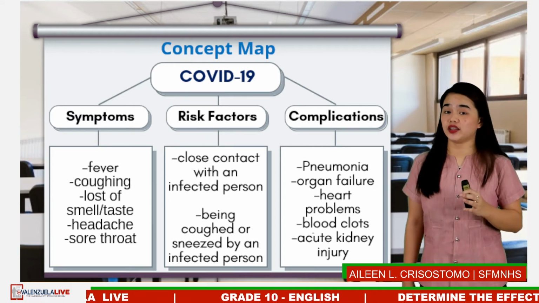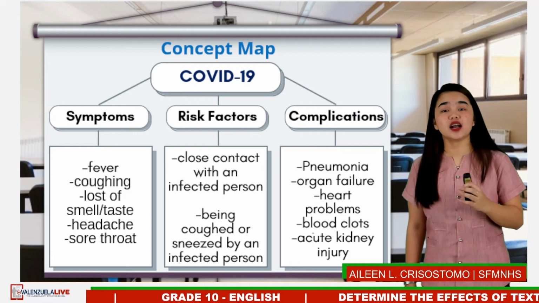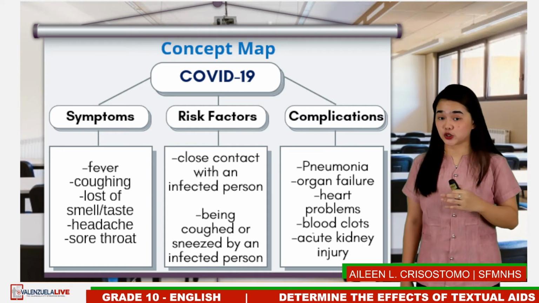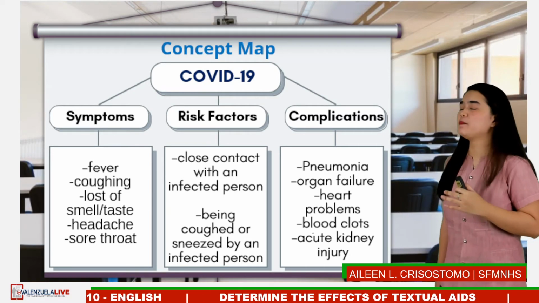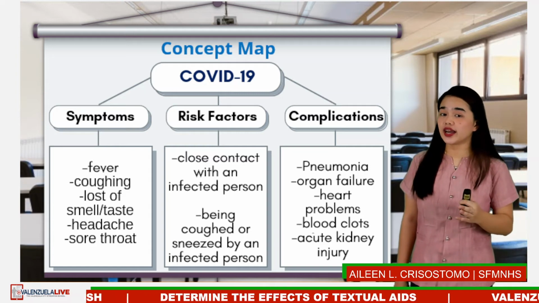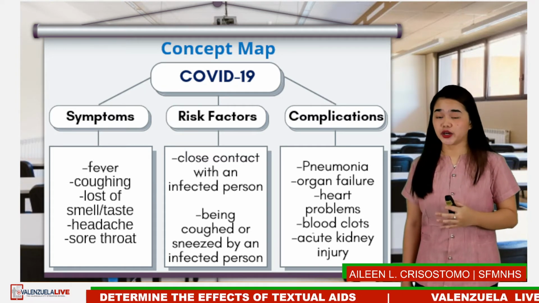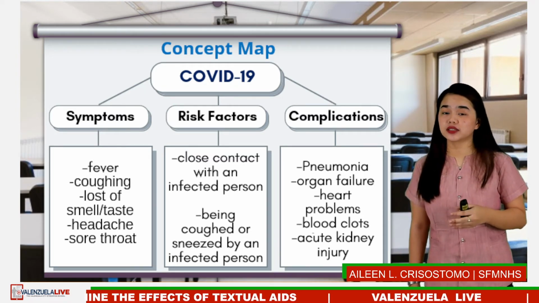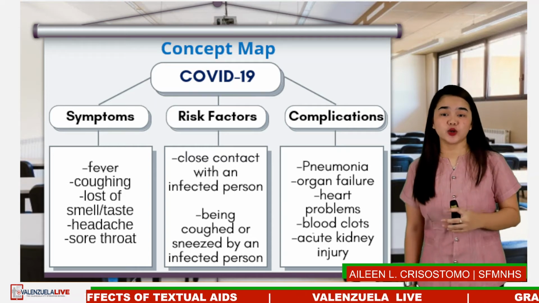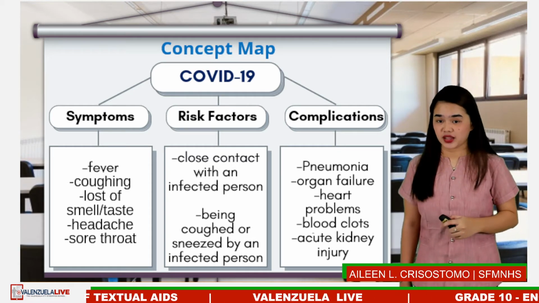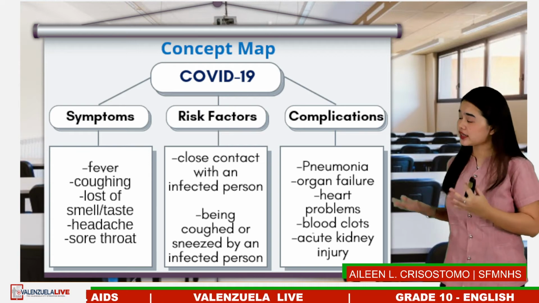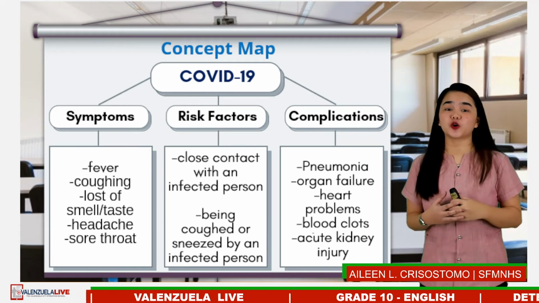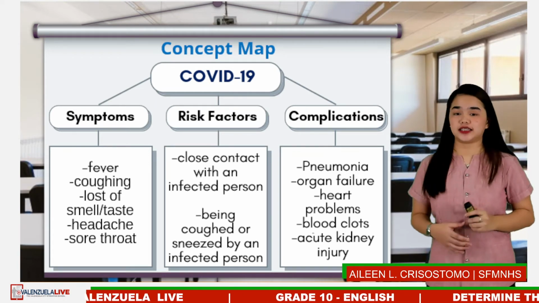Close contact with an infected person and being coughed or sneezed by an infected person too. And its complications: pneumonia, organ failure, heart problems, blood clots, and acute kidney injury. As soon as you completed all these details, you may now start to draw the map and connect the concepts.